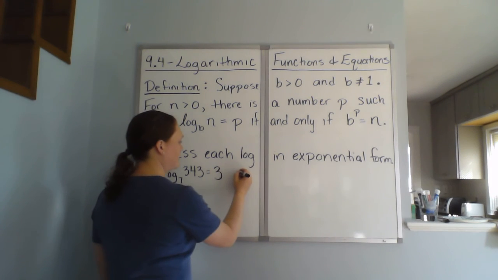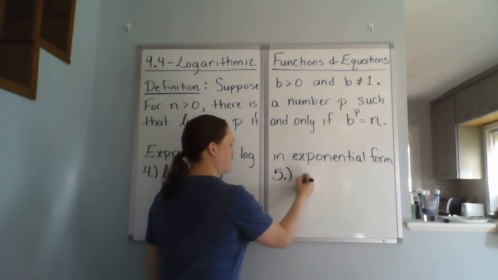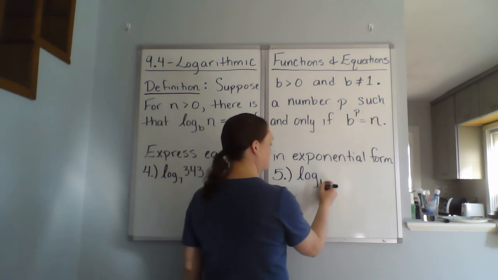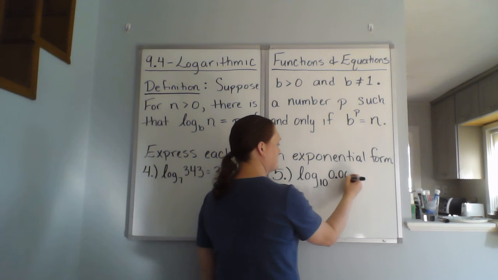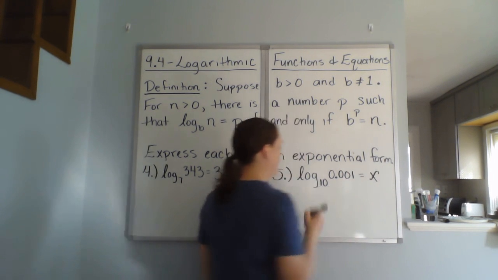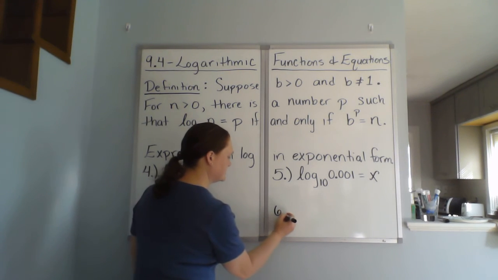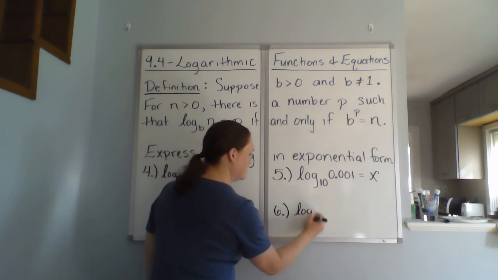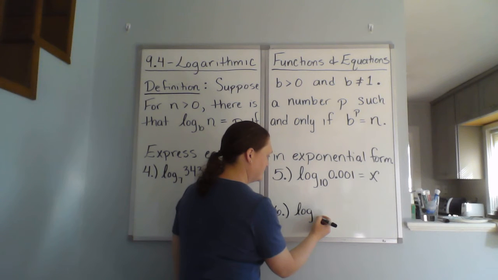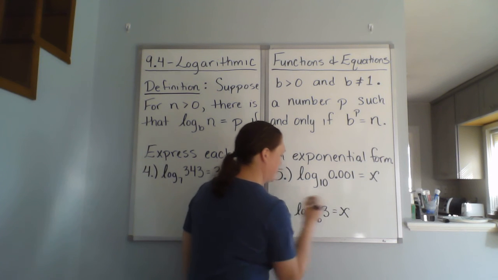For problem number 5, we have log base 10 of 0.001 is equal to x. And for the last one, number 6, we have log base 6 of 3 is equal to x.